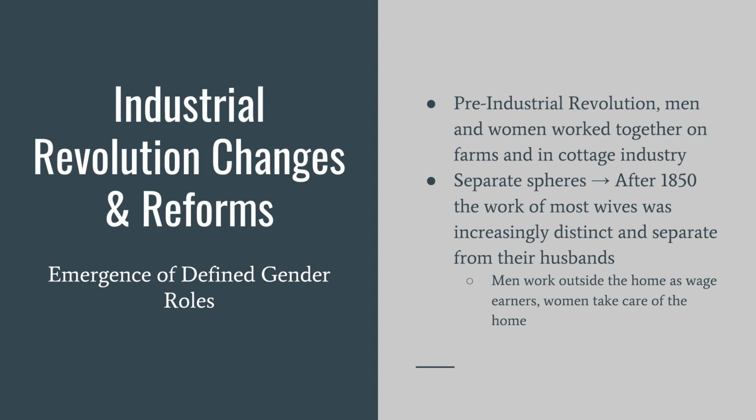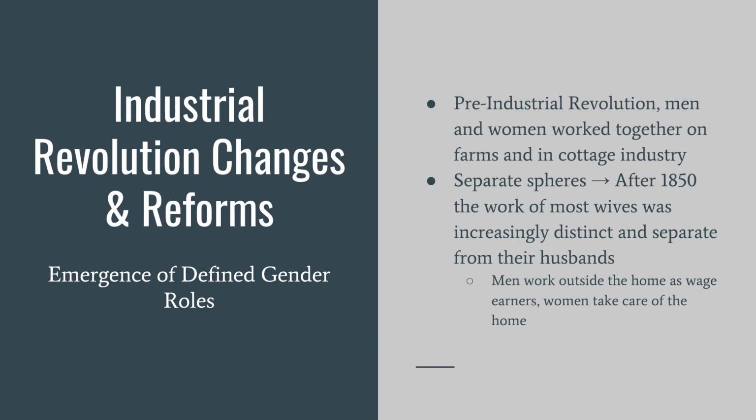But as we start to see the creation of a middle class, and having better finances, we start to see women and men move into what we call separate spheres.